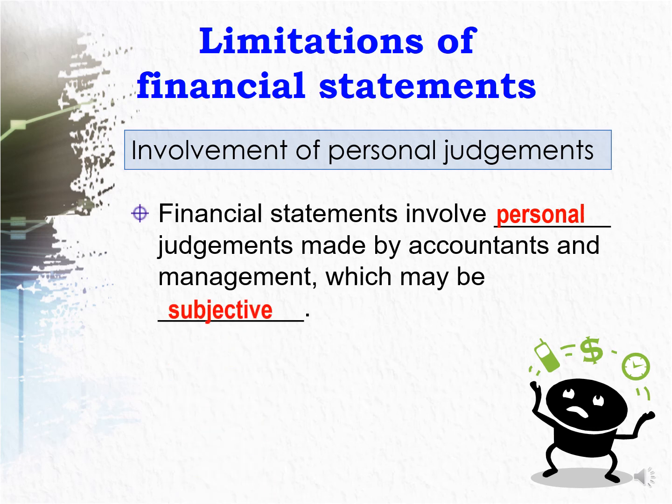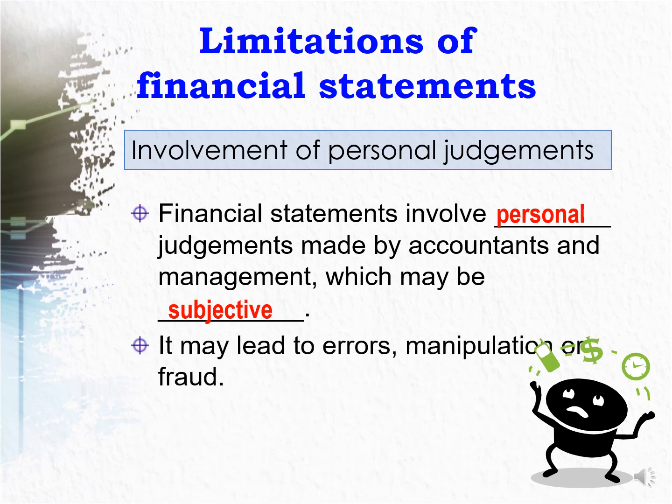If it is not objective data, when we compare with other firms, it may be misleading. So this point is a little bit similar to the first one. And also, if personal judgment is involved, it may lead to some errors or manipulations. Some people will manipulate the figures.